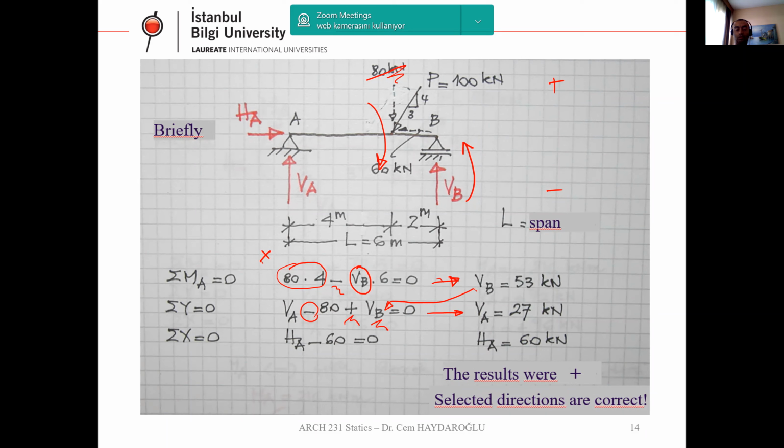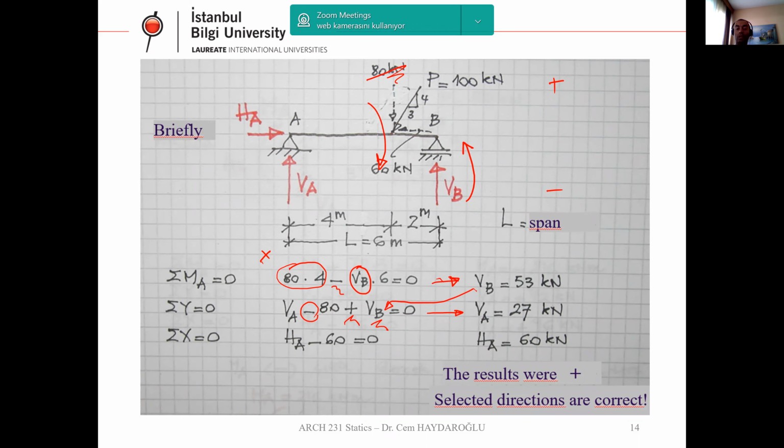And total X on this beam. Have a look at the sketch again. How many horizontal loads do I have on the beam? We have two. One is HA, the other is the 60 kilonewton. HA is in the positive X direction, 60 is in the negative direction. HA minus 60 equals 0.